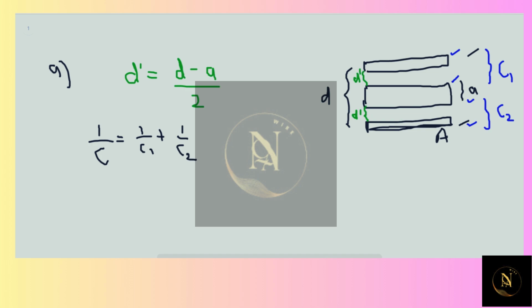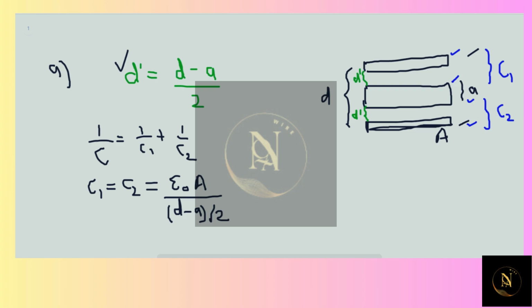Note that C1 and C2 are separated by the same distance and have the same area. So C1 equals C2, which equals epsilon naught A divided by d prime, which is (d minus a) all divided by 2. So that's C1 and C2.